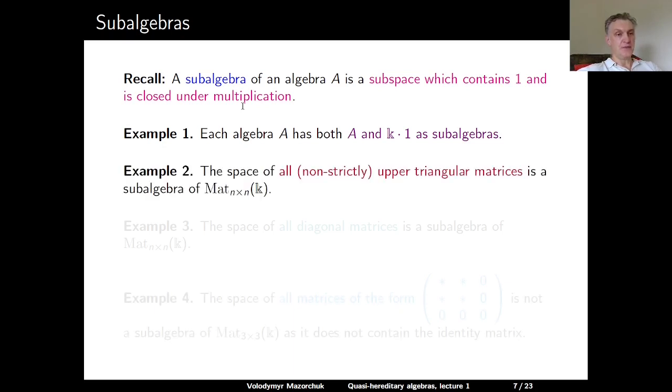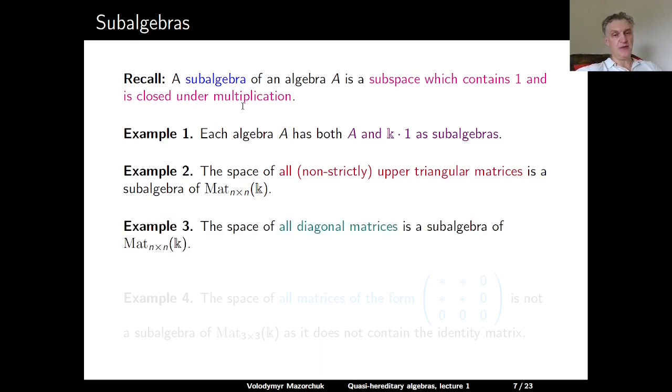Here is another example. The space of all non-strictly upper triangular matrices is a subalgebra of the algebra of all n times n matrices over K. Because non-strictly upper triangular matrices are closed with respect to matrix multiplication, and the identity matrix is a diagonal matrix, and so it's also a non-strictly upper triangular matrix.